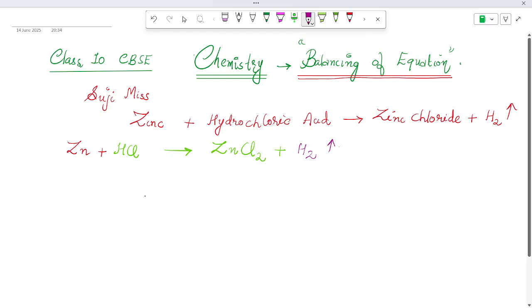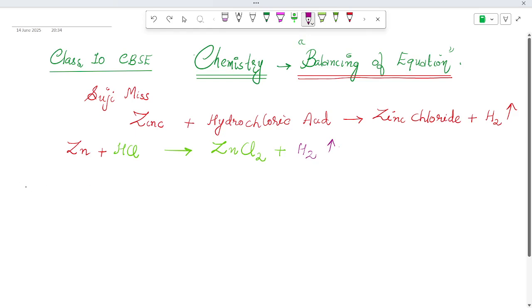So if you look carefully into the equation, according to the law of conservation of mass, the number of atoms which is present in the reactants should be equal to the number of atoms which should be present in the products. But in this case, is it in that way?